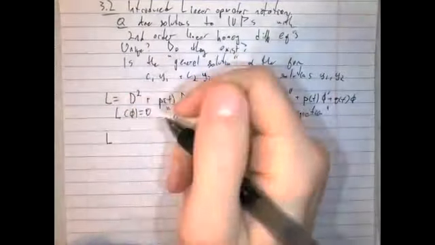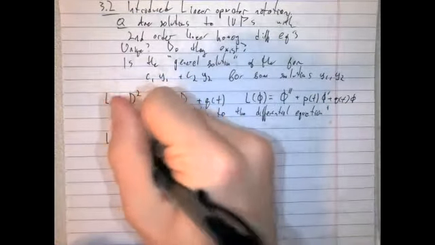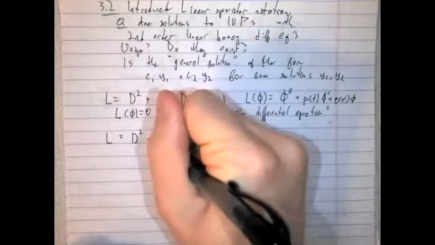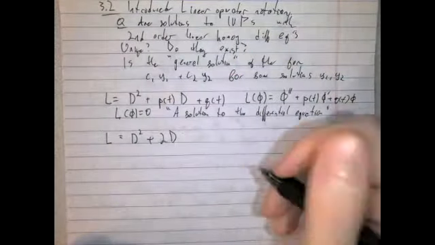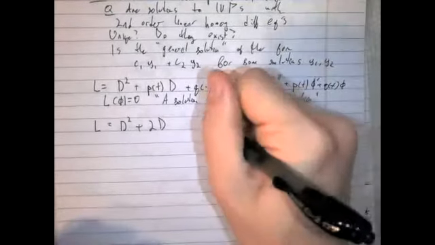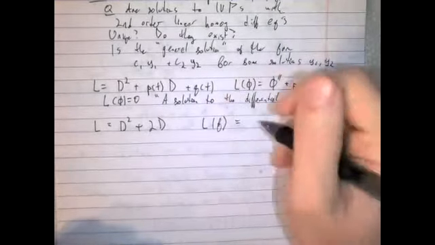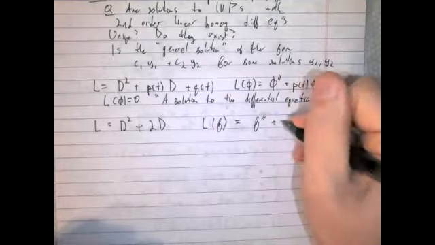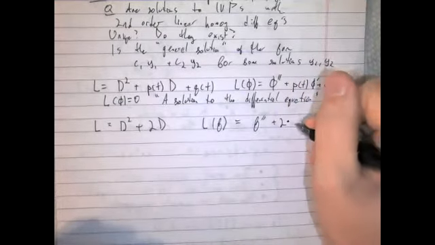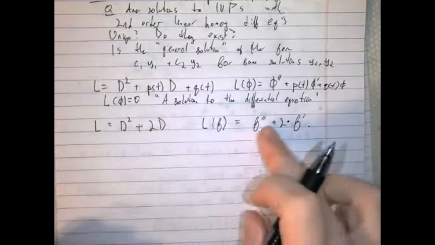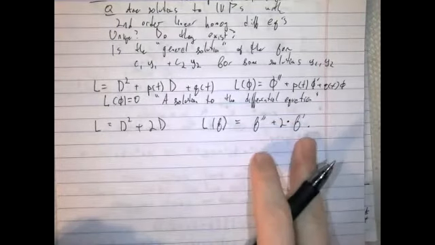Like we can do an honest example. If I write some explicit differential operator, like L is equal to d squared plus 2d, then what this means is L of some function f is equal to f double prime plus 2 times f prime. It's just telling you exactly what process to apply to the function.